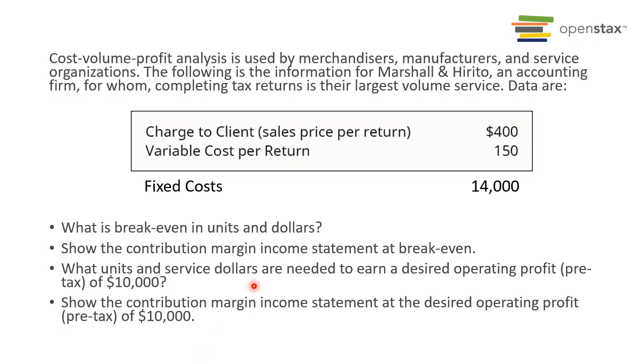Find the break even in units and in dollars. The contribution margin income statement, so you know how to create one, you know what it looks like. Then use that information to add a desired pre-tax profit of $10,000, and then use the conversion formula and that target information to create a pre or post-tax of $10,000.